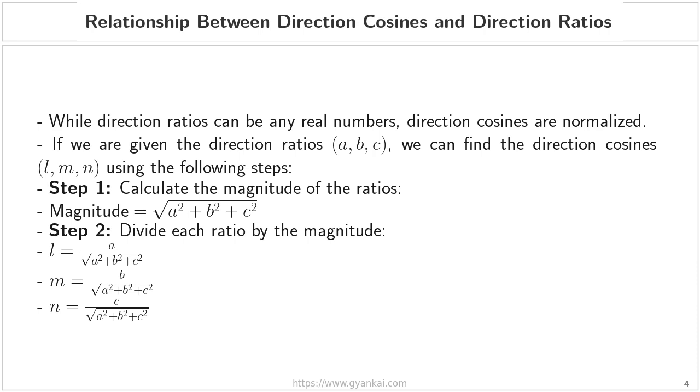So, l equals a divided by the square root of a squared plus b squared plus c squared. m equals b divided by that same square root, and n equals c divided by that same square root. By doing this, you are essentially shrinking or stretching your ratios so that they fit the required scale of direction cosines. We will see this exact process in action in our next slide with a practical example.